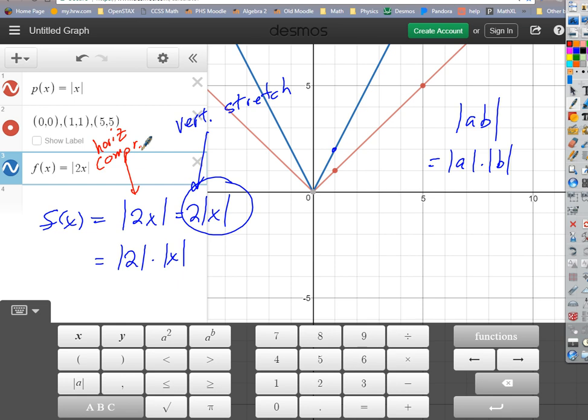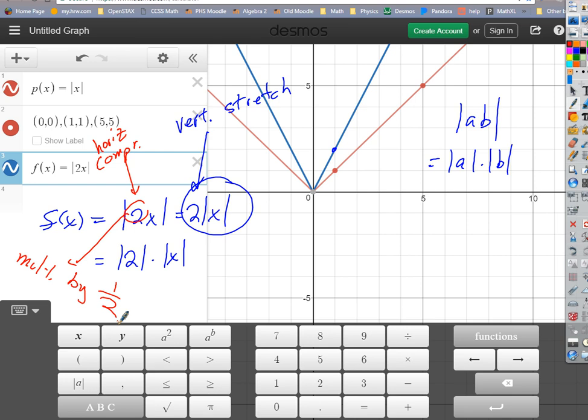If I'm compressing something by a factor of 2, I'm dividing it by 2, which is the same thing as multiplying by 1/2, isn't it? So because they're opposite behaviors, whatever that number is inside, we have to do its reciprocal when we want to think about it, when we're going to find out what we're multiplying by, right? So in this case, when the 2 is inside like this, we're going to multiply by 1/2.